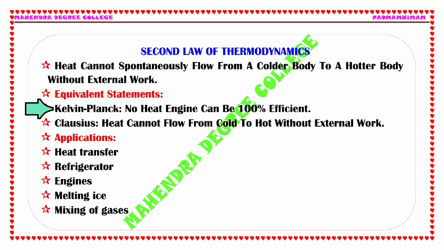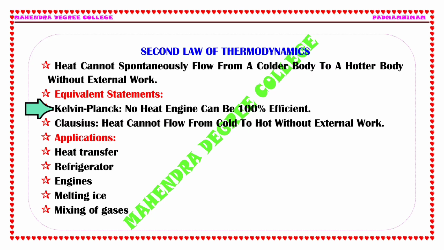According to this law, some portion of the heat absorbed from the source must be rejected to the sink. That means it is impossible to convert all the absorbed heat into useful work.